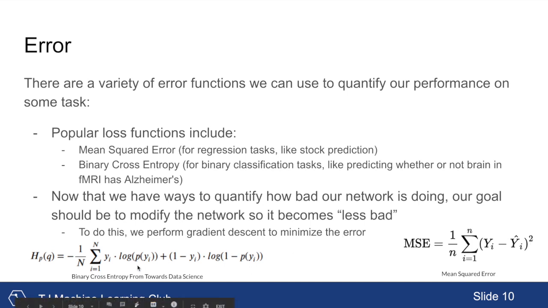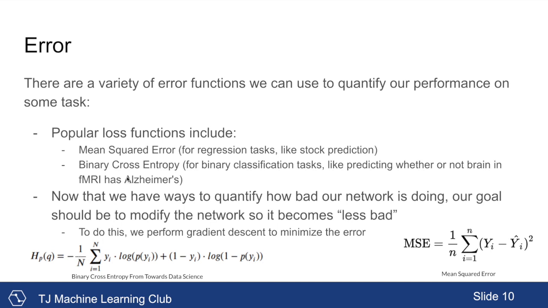Once you calculate the error, you have a metric to tell you how good or how bad your neural network is doing. And obviously, higher values for the error are bad, so you're trying to minimize the error.